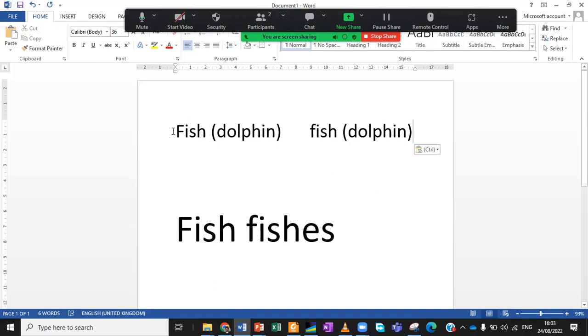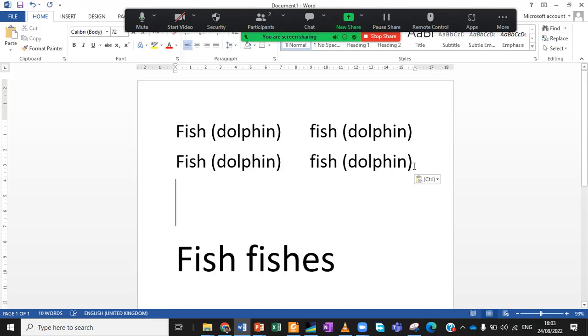When they are the same species, you say fish. But when it's different, let's say this one is a dolphin and this one is a shark, you now use fishes.